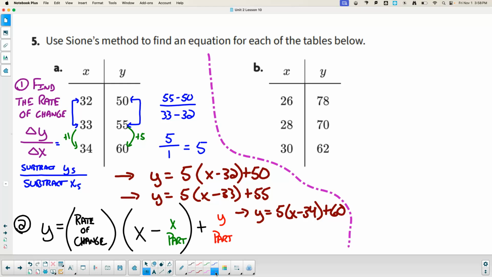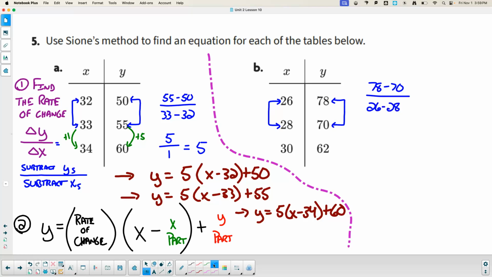When you go over here to letter B now, they're not going up by 1s. They're going up by 2s. So you have to definitely bring that into play. So we could go here 78 minus 70 all over 26 minus 28.